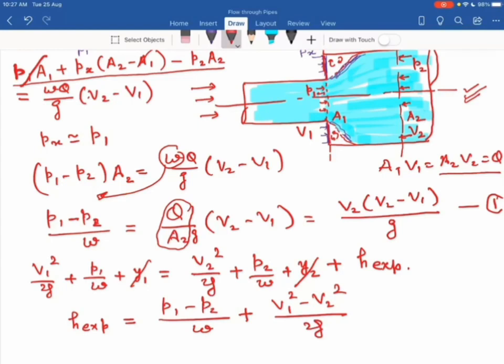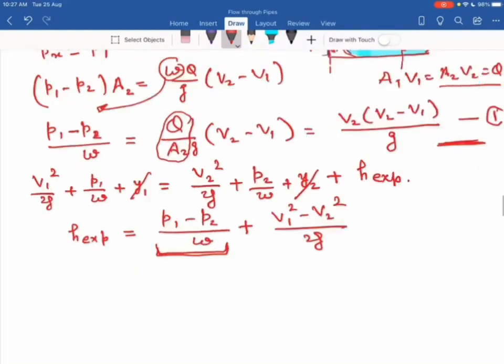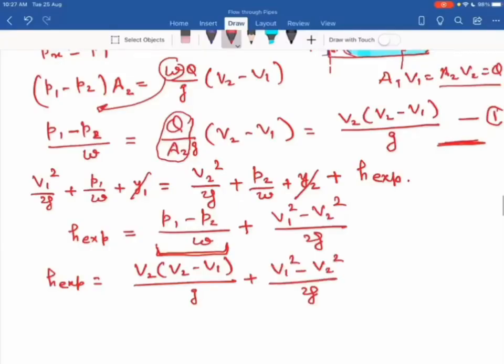So I put here the value of (P1 minus P2) by W from equation number 1. So I write again HEXP is equal to (V2 minus V1) divided by G plus (V1 square minus V2 square) divided by 2G.